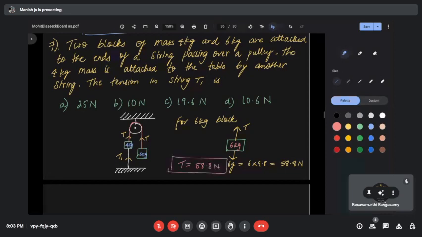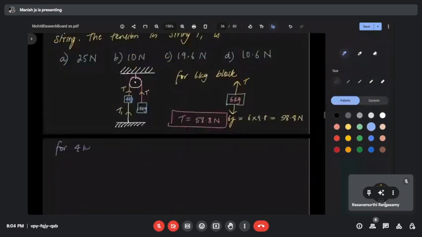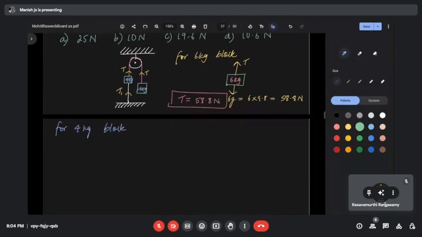Then the 4 kg block. For it you have to write. So for the 4 kg block, if you're going to draw the free body diagram, what all do you get? You can see the forces acting are tension T on the top, and at the bottom you have T1 acting.